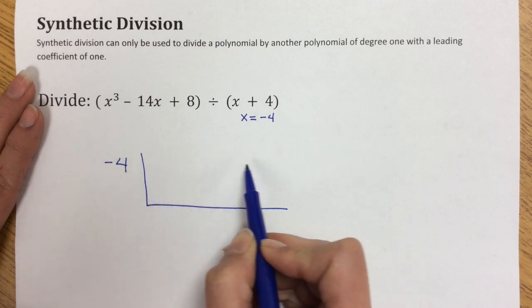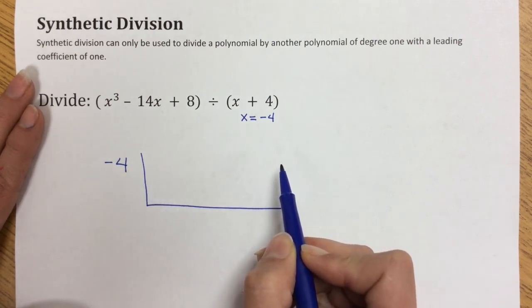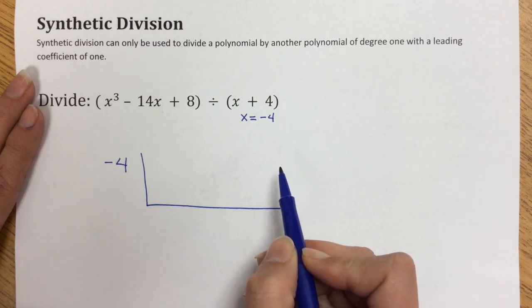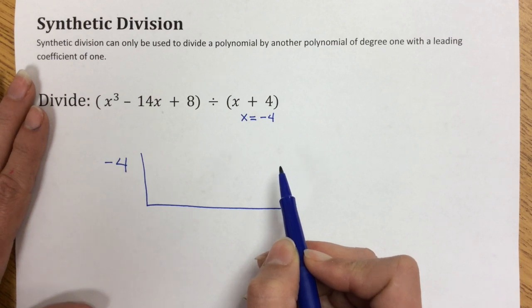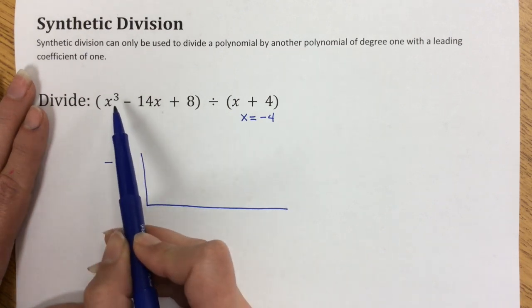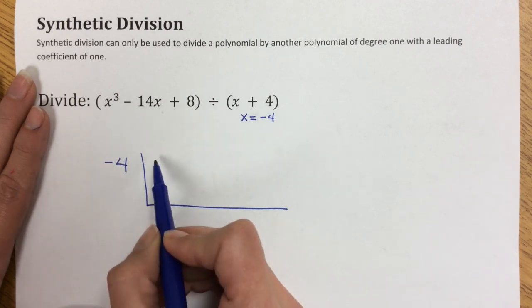Now, along this first line right here, we're going to put the coefficients of all of the terms in the dividend, or what we are dividing into. We need to make sure that we put in zeros for placeholders for any missing terms. So we're going to start with the highest degree, and that is 3, and use its leading coefficient, 1.